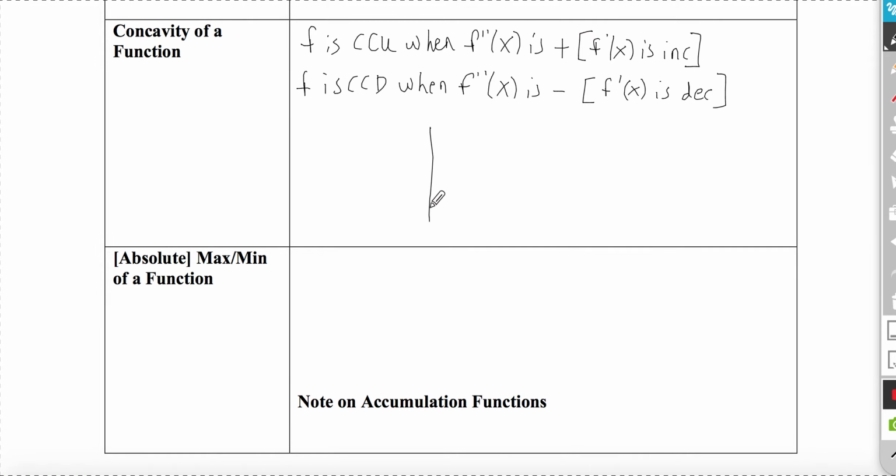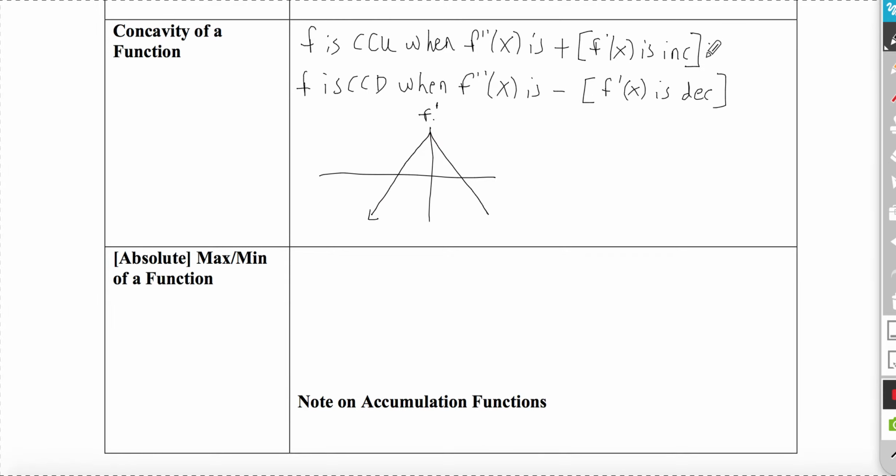So if we're looking at, for example, our first derivative graph, let's say we have a situation like this. Our first derivative graph increases up to a point, then decreases down. This is our first derivative graph, sorry. We could say here then, f prime is increasing on this interval. So in this specific problem, we would say that the original graph is concave up from negative infinity until 0.